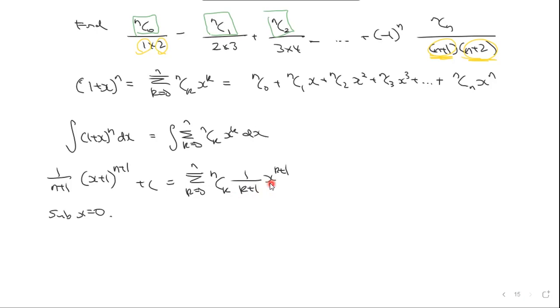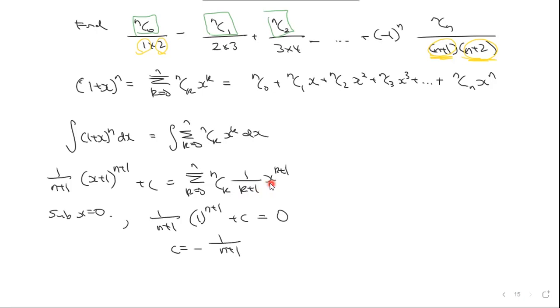So that means I'm going to get 1 over n plus 1. 0 plus 1 is just 1, so it's 1 to the power of n plus 1. So it's 1 over n plus 1 plus c equals, and the right-hand side just becomes a whole bunch of zeros, so that equals 0. In other words, c must equal negative 1 over n plus 1.